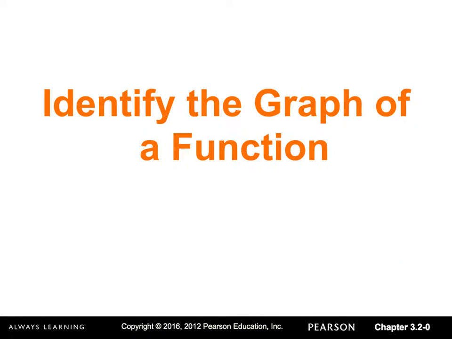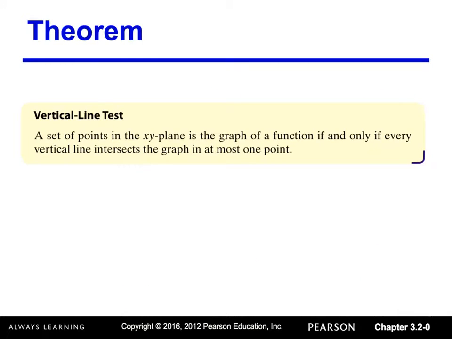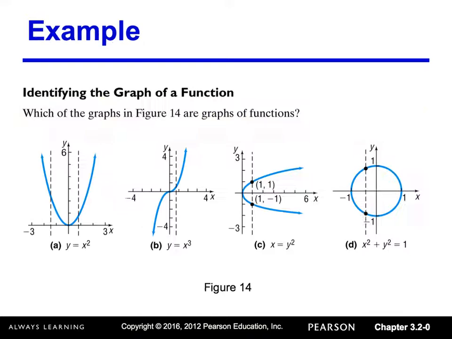So the vertical line test says that a set of points in the coordinate plane is the graph of a function if and only if every vertical line intersects the graph in at most one point. Because if it meets it in more than one point, then there's not a one-to-one correspondence between x and y.